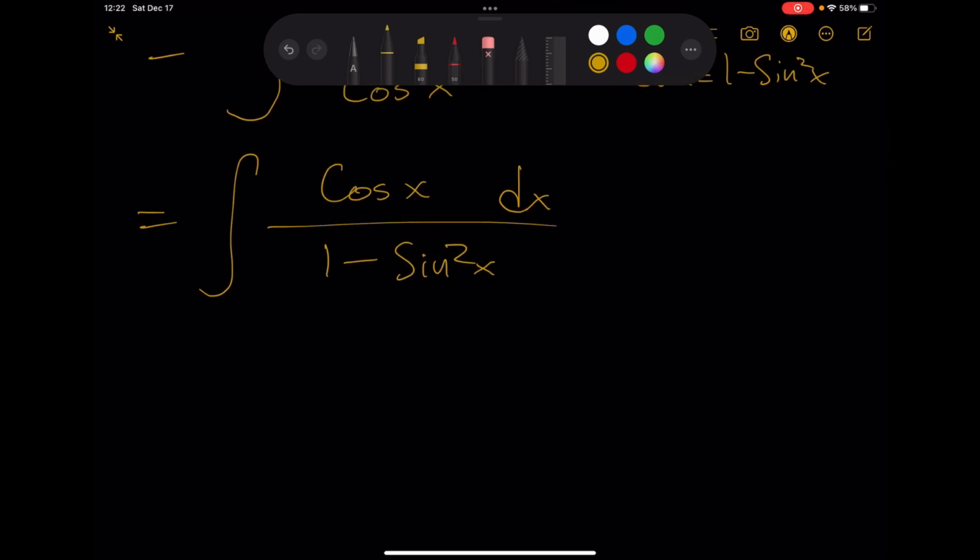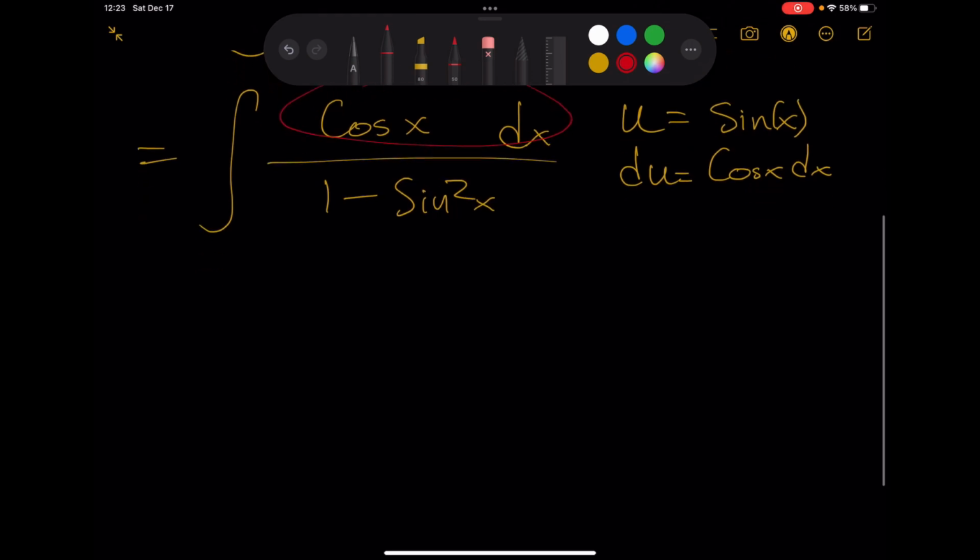From here, we can use u substitution. So let's make u equal to sine of x. And as we can see, we have cosine x dx right here, right? du is equal to cosine x dx. So we can just make this all equal to du.